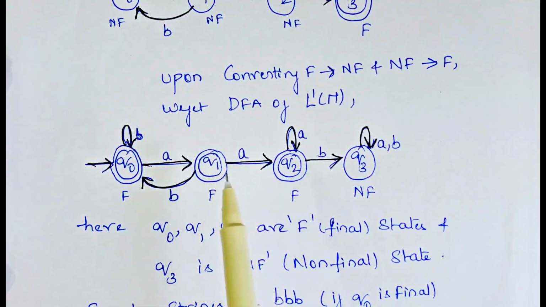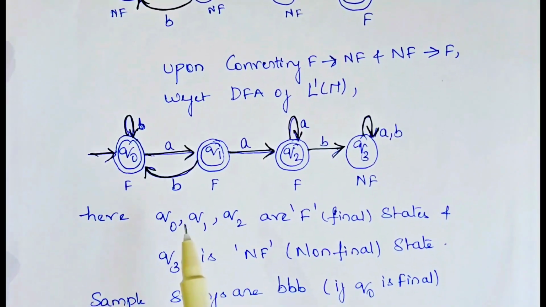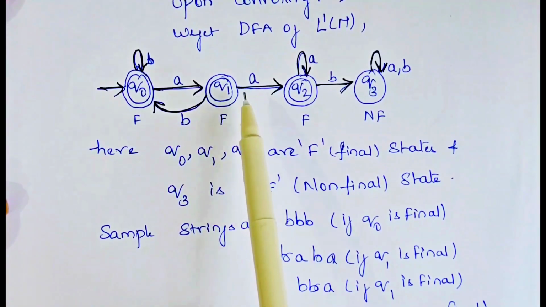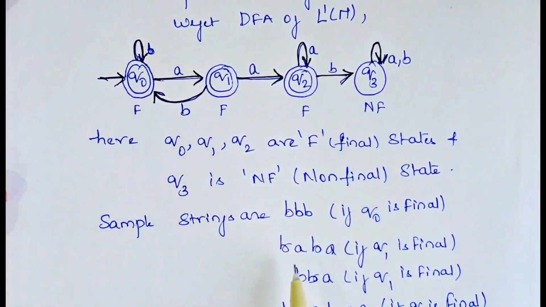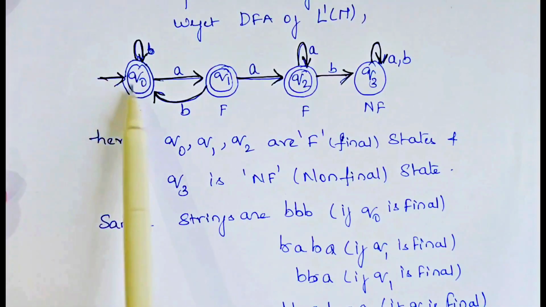And let us observe what are the sample strings which are processed through the final states. Here Q0, Q1, Q2 are final states. So the strings which are processed through each final state will be observed here. Consider this DFA for a language which is processing strings other than AAB. Here the sample strings are BBB. If Q0 is a final state, since it is a loop on B, the string will be B, B, B, and so on.